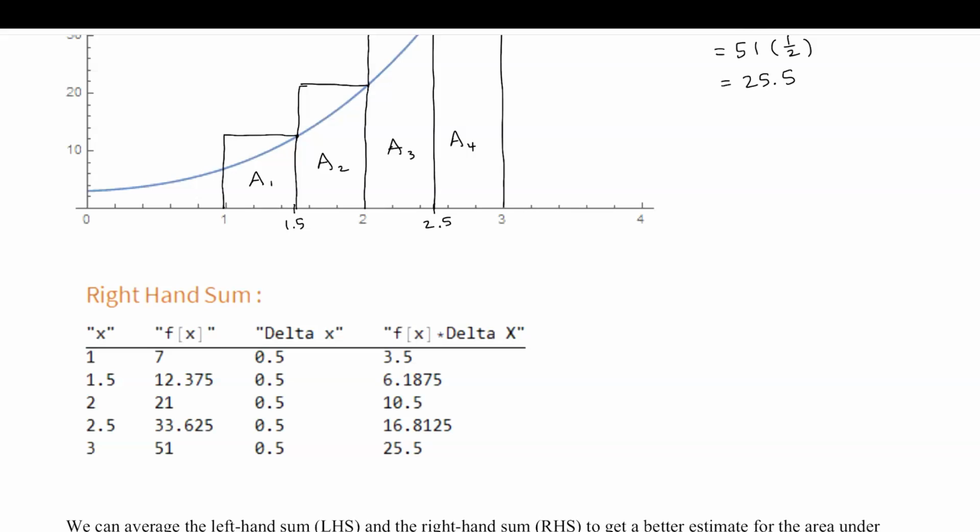So in the table, this is the exact same table that was on the previous page, even though that one said left-hand sum and this one says right-hand sum, but I still have height and width and area, which is height times width.